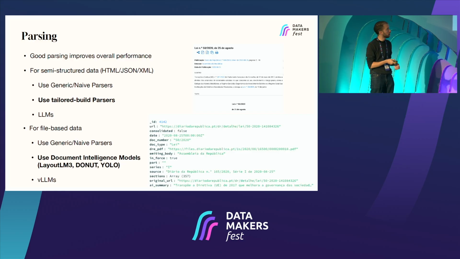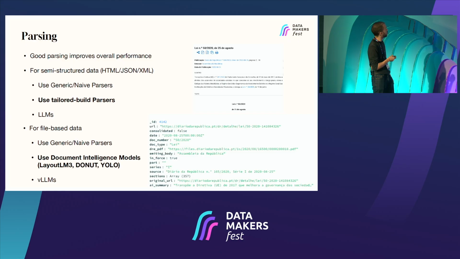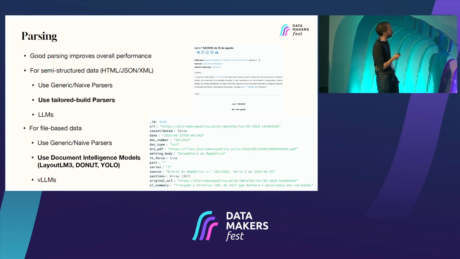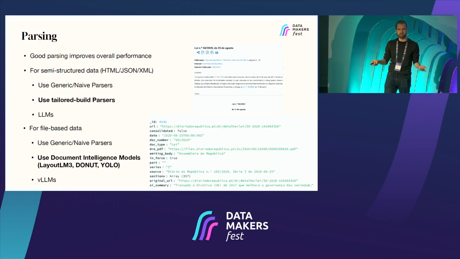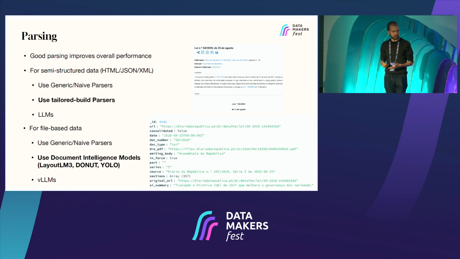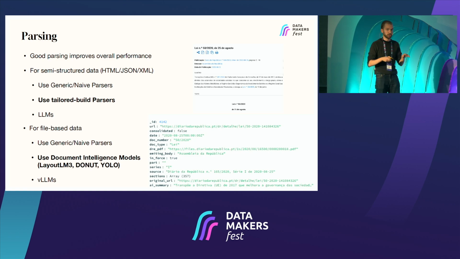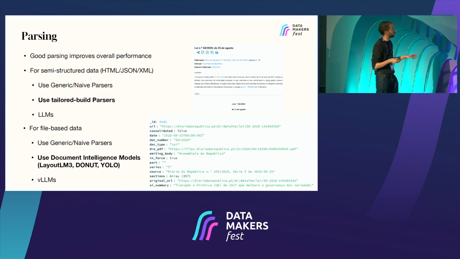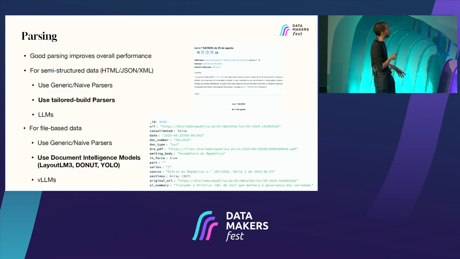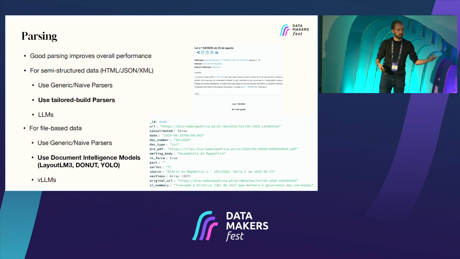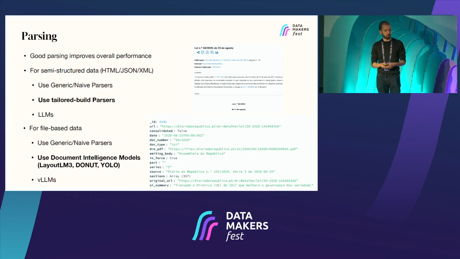For example, for semi-structured data, we can use the generic parsers that you can find in libraries like LlamaIndex or LangChain. You can use tailor-built parsers that you code yourself, depending on the source, or you can use LLMs. For example, ask an LLM to transform an HTML into Markdown or a JSON, stuff like that.